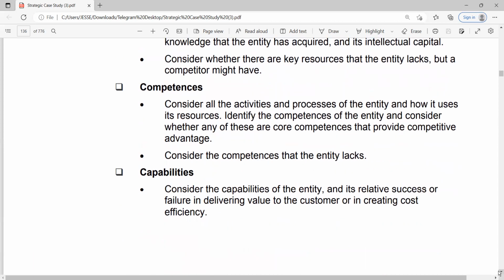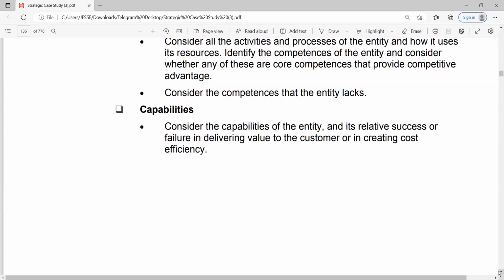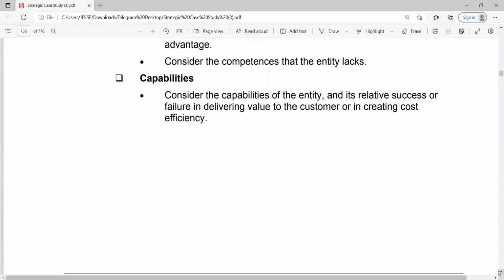Under capabilities as well, you consider the capabilities of the entity and whether that capability has been successful in delivering value to the customer or has created any cost efficiencies.